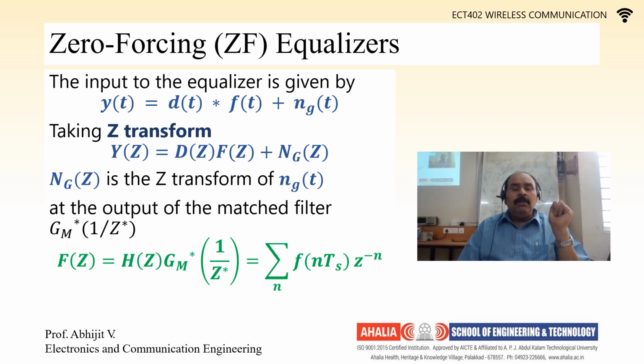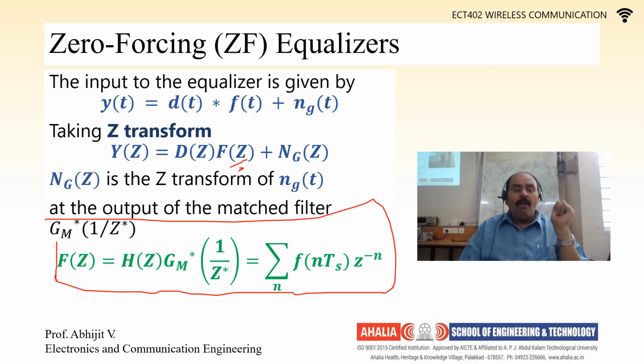So let us now find out what f of z is. F of z is equal to h of z times Gm conjugate of 1 by z conjugate, that is equal to, for n taps, sigma n f n Ts, you are sampling this n times, z raised to minus n. You are finding what f of z is.